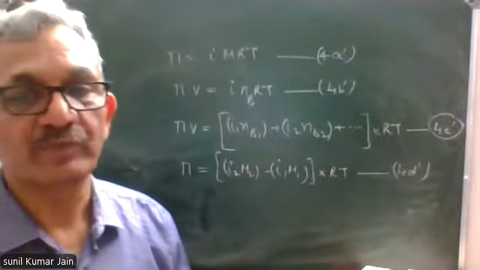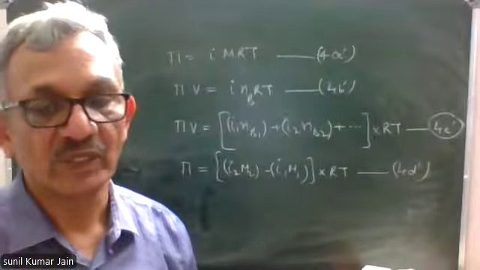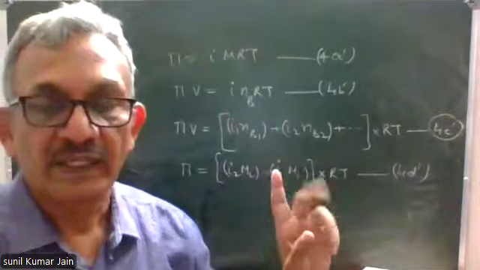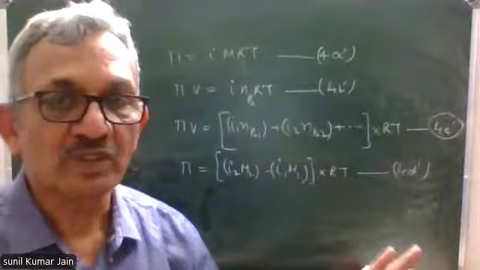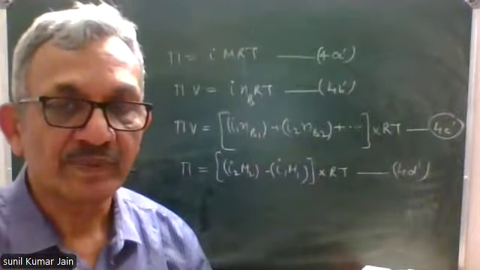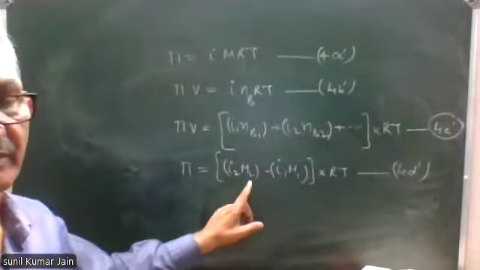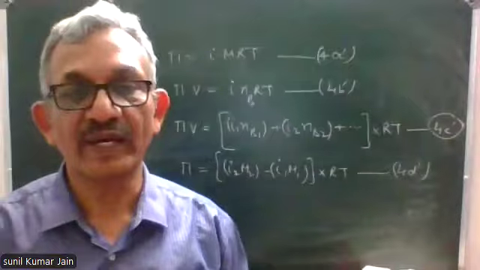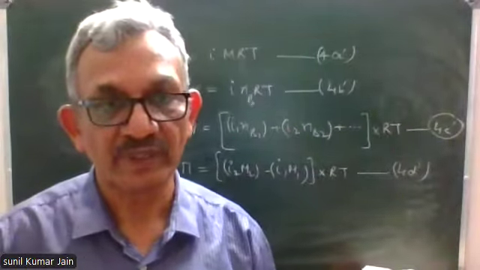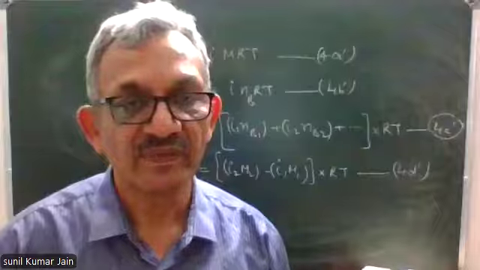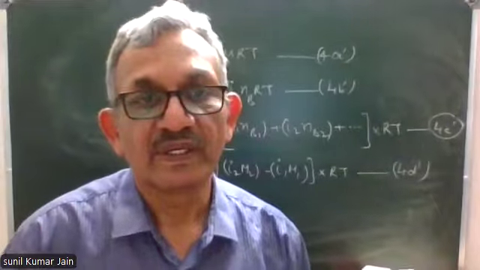Earlier it was M2 minus M1 into RT. Remember, the product of i and M, higher minus lower, is kept in this bracket, because the value of pi will always be positive.